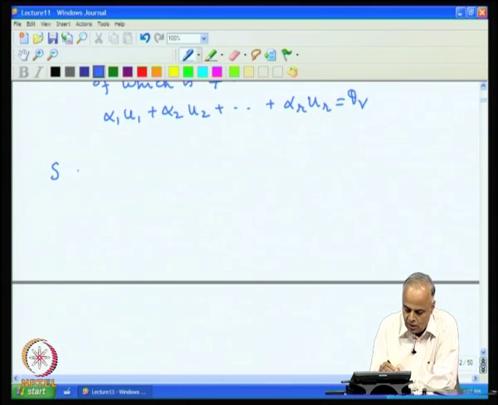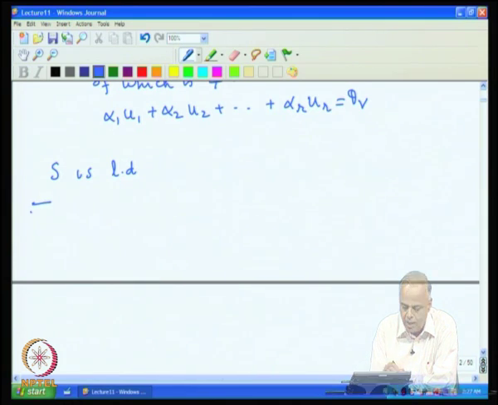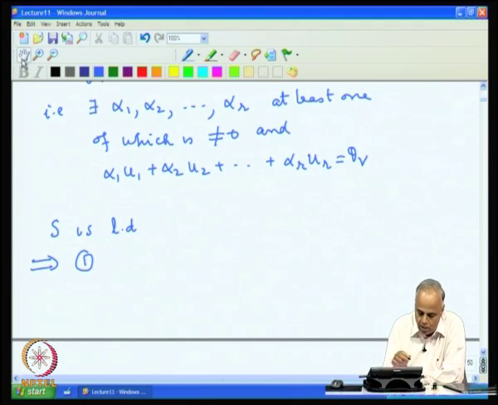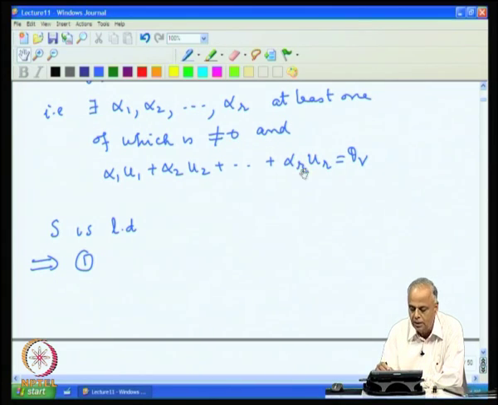Now, let us look at one simple property of linearly dependent vectors. Suppose S is linearly dependent. This implies, just as we observed above, there exist alpha 1, alpha 2, ..., alpha r, at least one of which is not 0, such that this linear combination is 0.